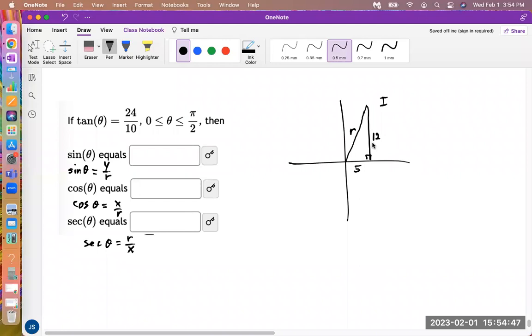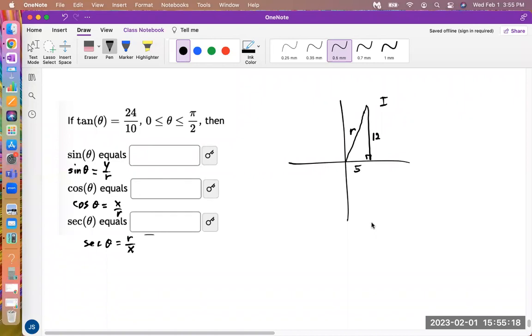Because this 12 over 5, because I divide the numerator by 2 is 12, and the denominator by 2 is 5. 12 over 5 is the same value as 24 over 10. Two fractions where one is just the reduced form of the other have the exact same value. So this triangle also has a tangent equivalent to 24 over 10. So it's fine if I use this triangle to find the missing side and find the other ratios.